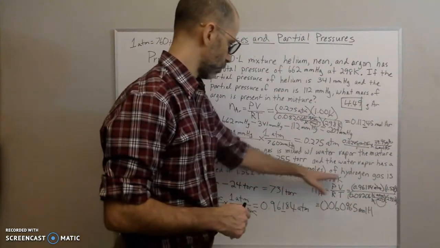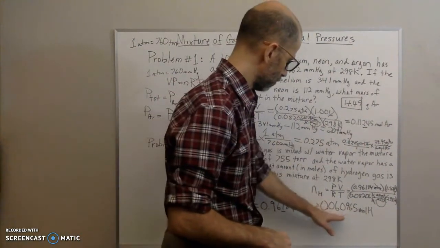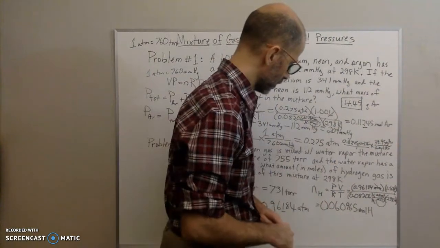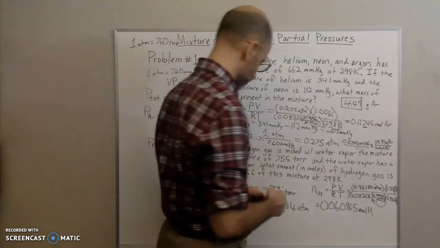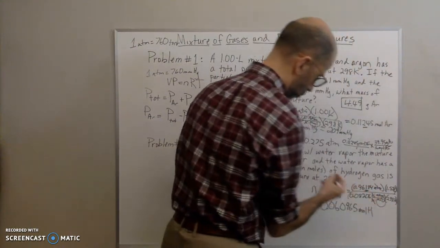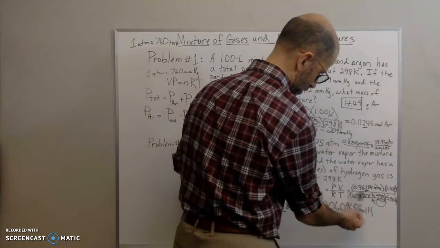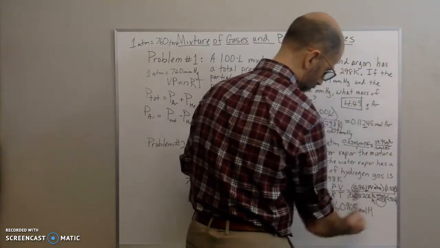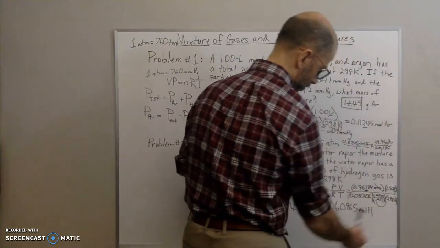So what amount in moles of hydrogen? And so now we need to figure out our sig figs. So remember, I was only allowed up to the 1 for my atmosphere. So I have 3 sig figs here. I have 3 sig figs for the volume, I have 4 for my constant, and I have 3 for the temperature.